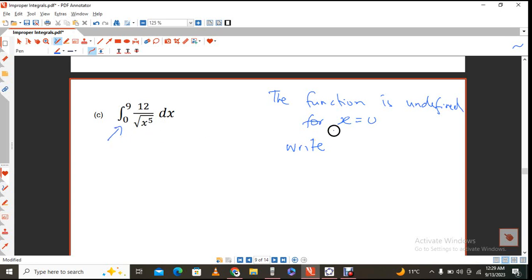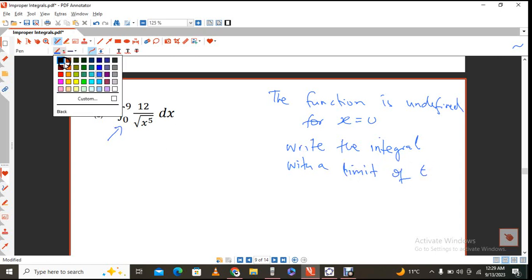So I'm going to write my lower limit, the integral with a lower limit of t. So that means this is what I'm going to have.